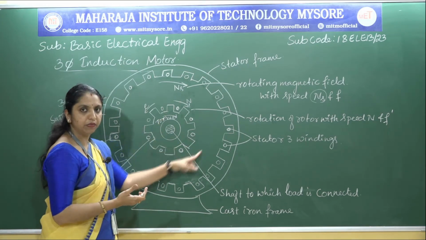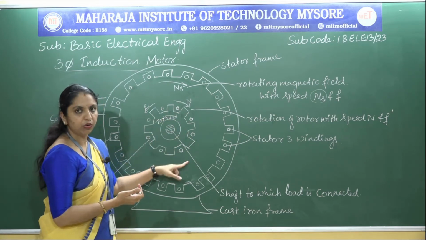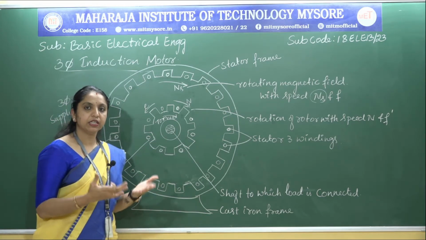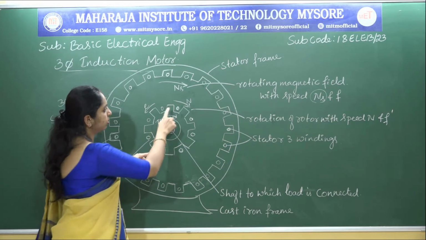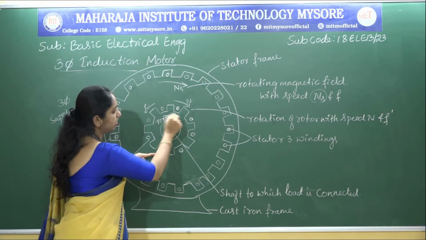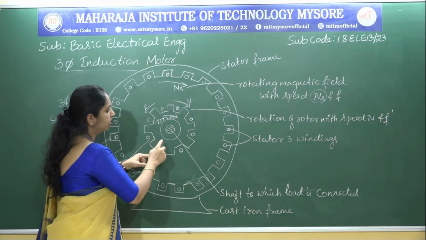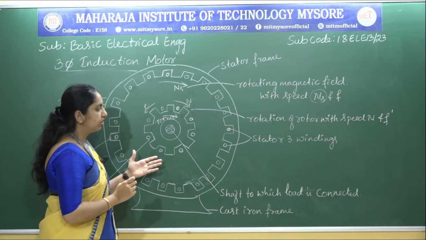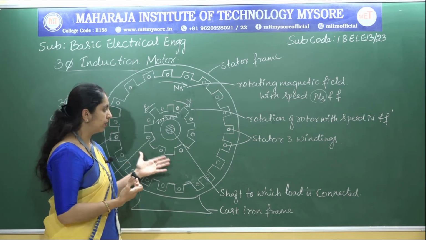The induced EMF sets up a current in the rotor in such a direction as to produce torque, in the same direction as the rotating magnetic field, which makes the rotor rotate. This is the working principle of the induction motor.